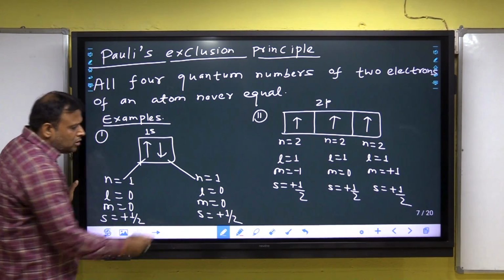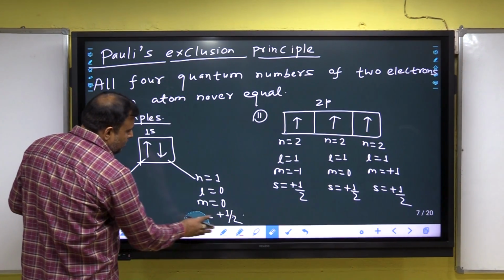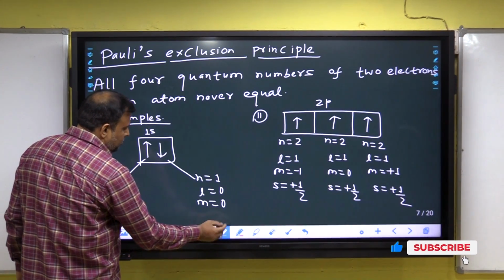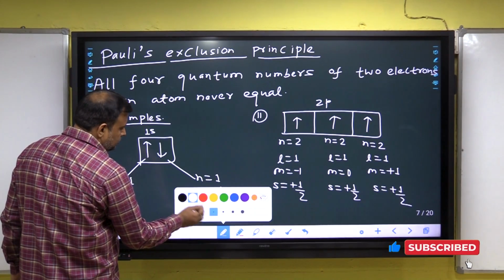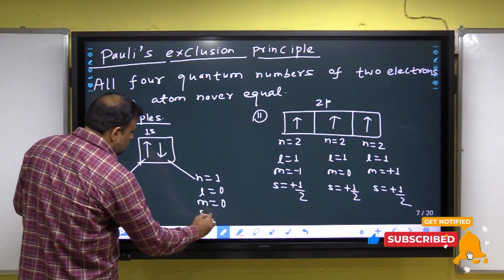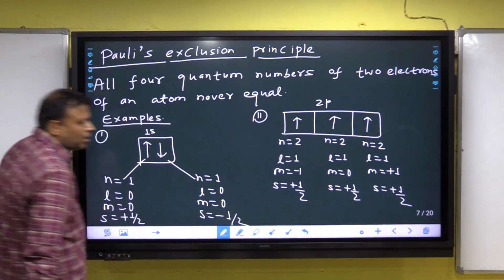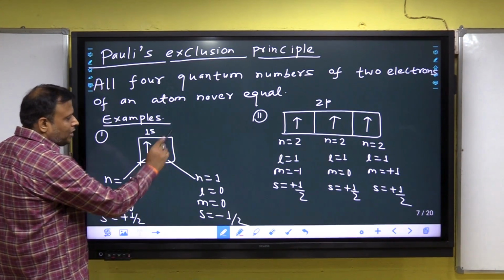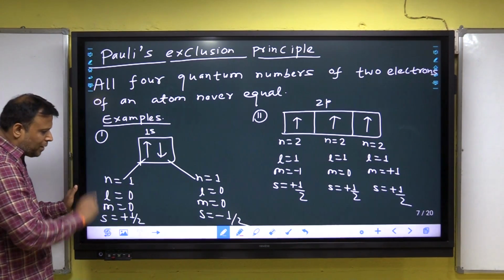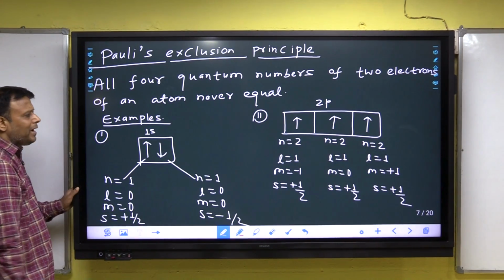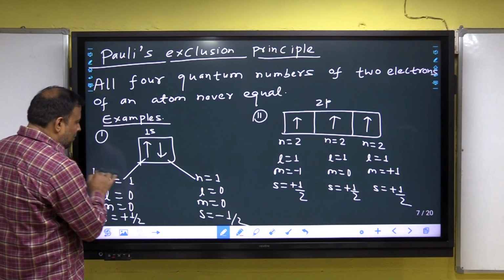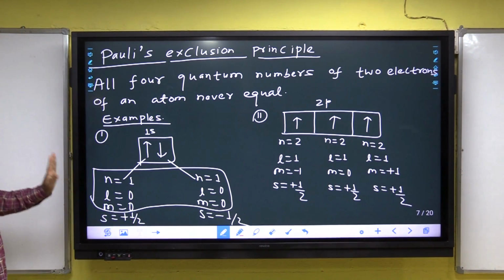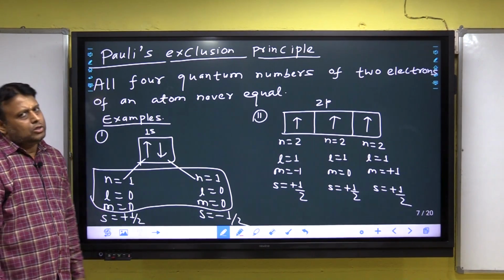Anti-clockwise, the value is minus half, never plus half. Clear? N is equal to 1, 1s, L 0, 0, M 0, 0, but S plus half, minus half, and hence all three quantum numbers are equal, but the fourth quantum number, the spin quantum number, is not equal.